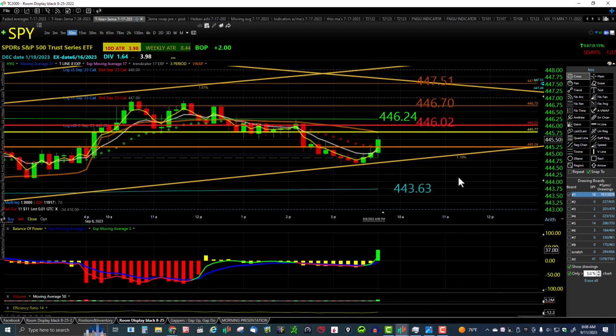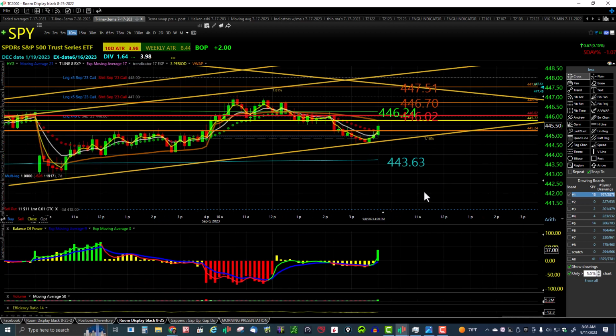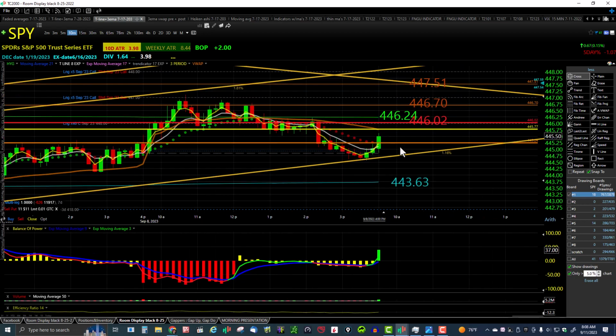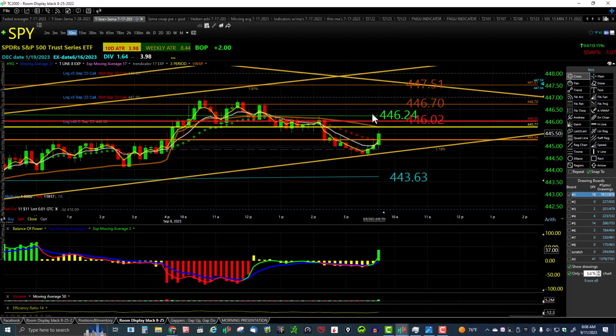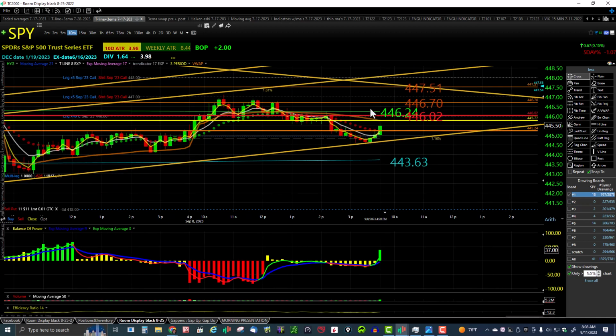Now, if we notice, we have anchored VWAPs. Price is moving now away from the lower anchored VWAP. And if we take the pre-market action, we have penetrated completely the high VWAP made from the highs of this year.